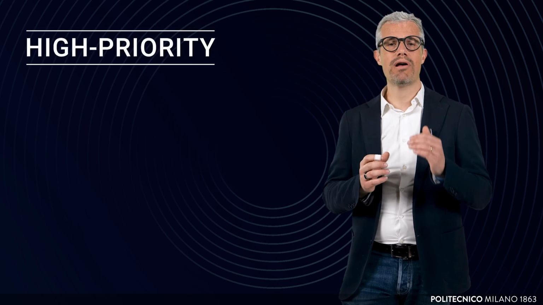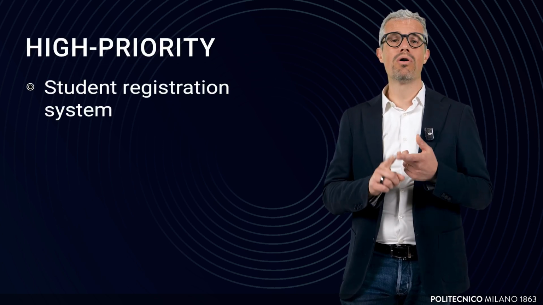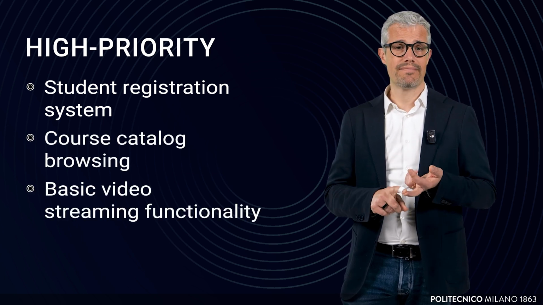This flexible nature of a backlog ensures the team remains responsive and focused on delivering value at every stage of the development. For instance, the MOOC platform backlog might begin with high-priority items like student registration system, course catalog browsing, basic video streaming functionalities.